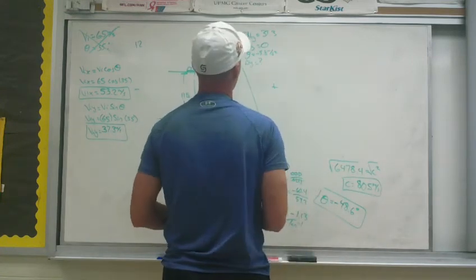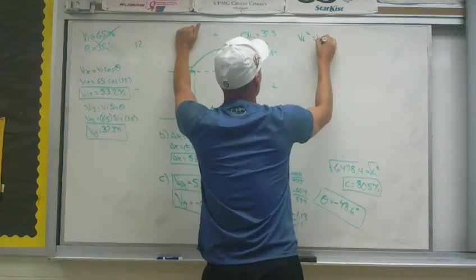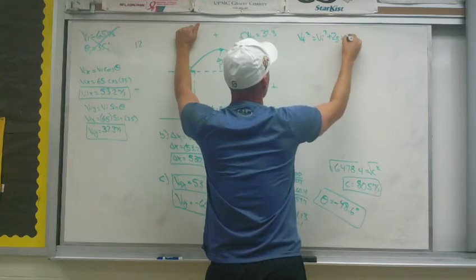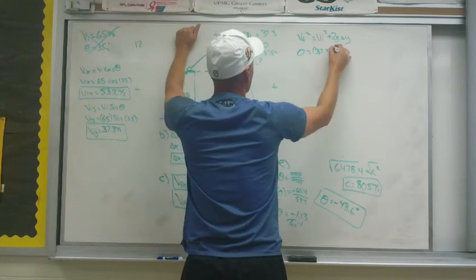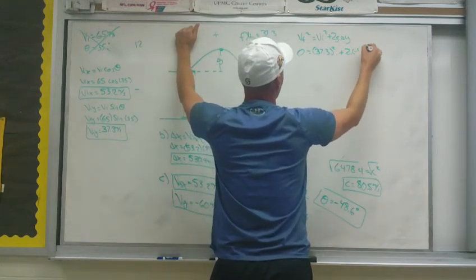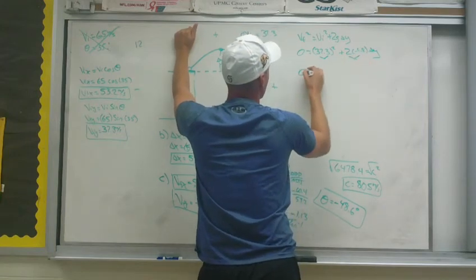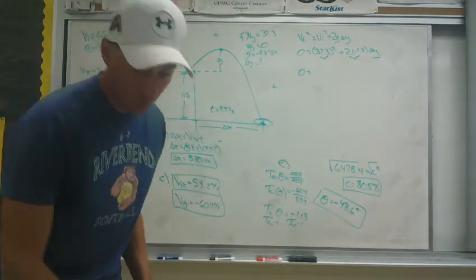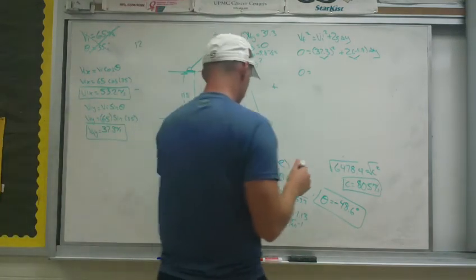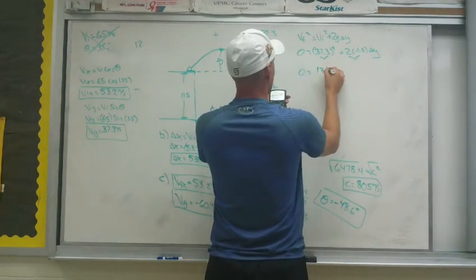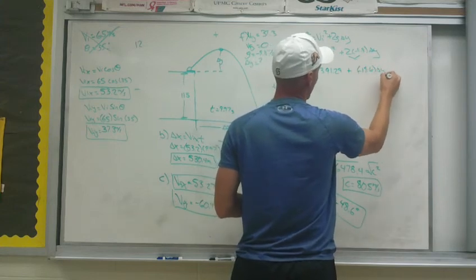So what I want to do here is pick my equation. I'm going to use VF squared equals VI squared plus 2G delta y. VF is 0. VI 37.3 squared plus 2 times negative 9.8 delta y is what I'm looking for. Simplify, simplify. 37.3 squared is 1391.29 plus negative 19.6 delta y.